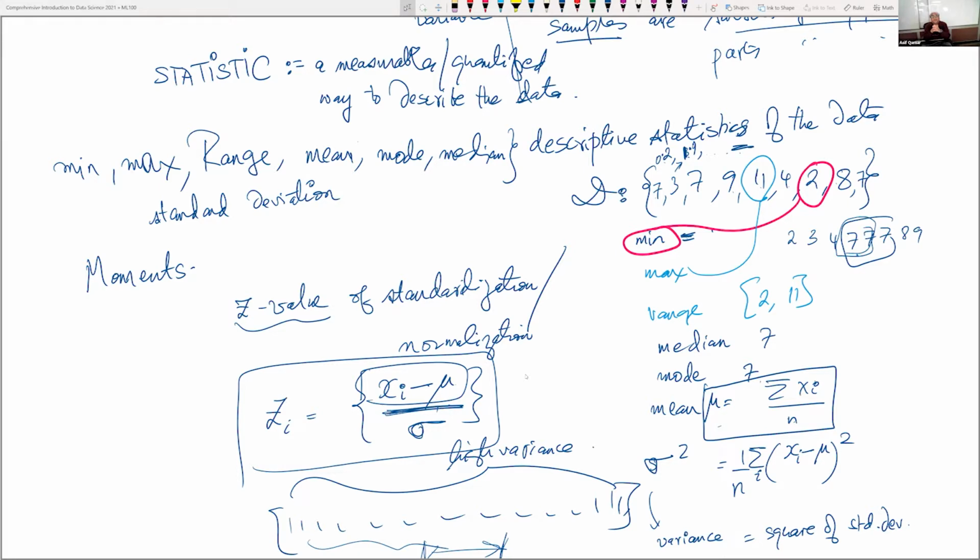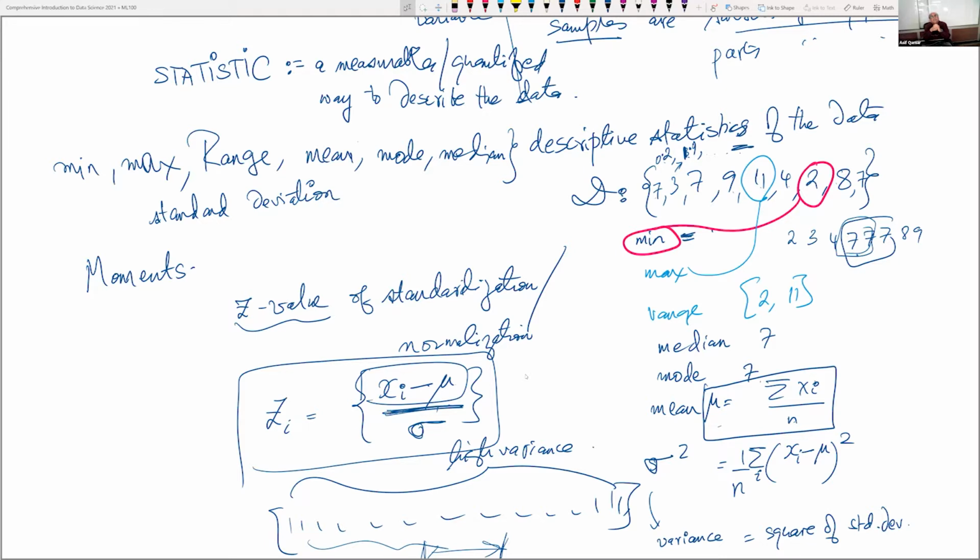So, to remove the impact of the units of measurement, what you can do is standardize it. One very common standardization or normalization is to look at each elephant's weight relative to the mean: how far is it? So you can say this is a heavy elephant, or a relatively lighter elephant, and so forth.